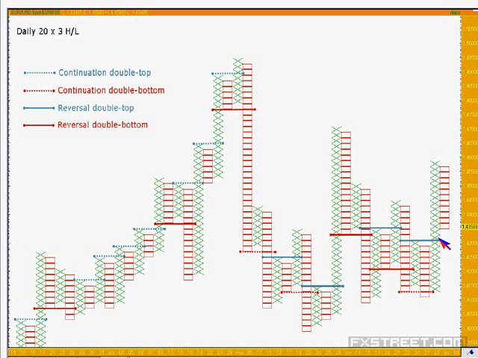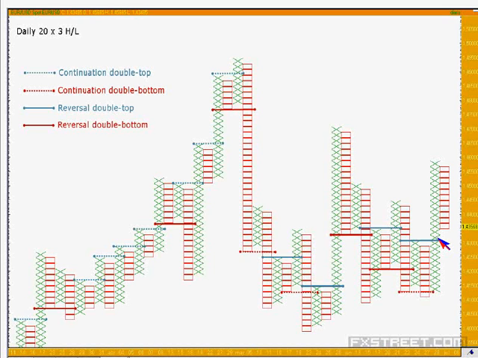Point and figure charting is used by professionals, so only semi-professional and professional platforms have this charting method. But I know that there are some plugins out there for MT4. You may check under the platform section on our website if you can find that indicator.